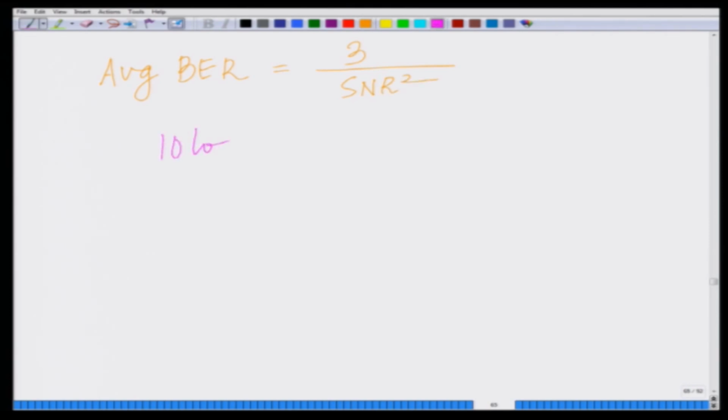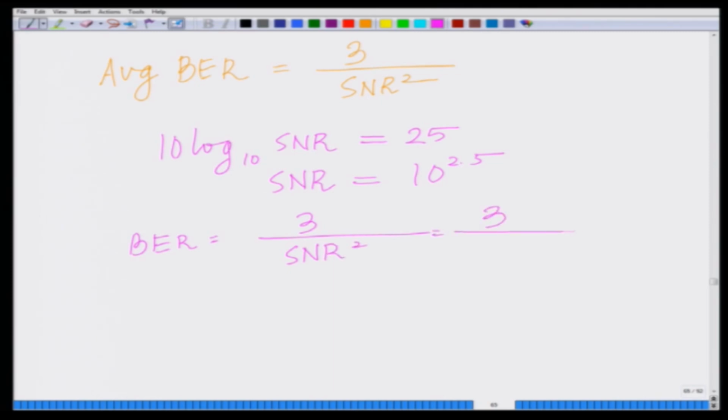Now, we are given SNR in dB, that is 10 log 10 SNR equals 25, which means SNR equals 10 to the power of 2.5. Therefore, the average bit error rate is 3 divided by SNR square, which is 3 divided by 10 raised to 2.5 square, which is 3 divided by 10 to the power of 5, which is basically 3 into 10 to the power of minus 5.